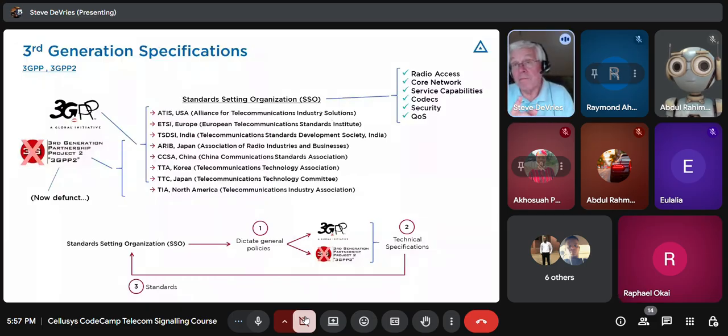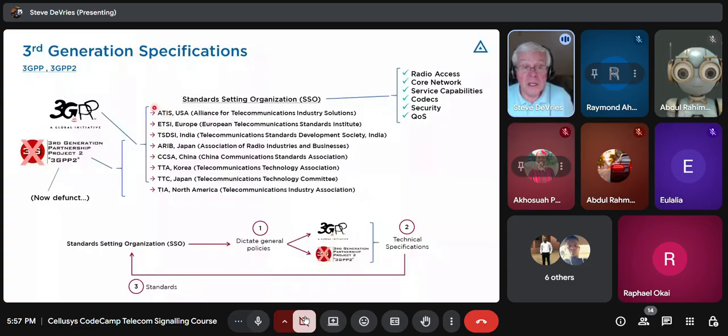Something else very critical happened right about the same time, in late 1999, when 3G came out technically. The standards were being written primarily by ETSI, the European Telecom Standards Institute. They wrote all the GSM standards, they wrote all the GPRS standards.